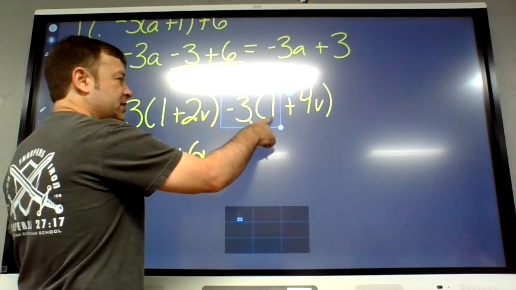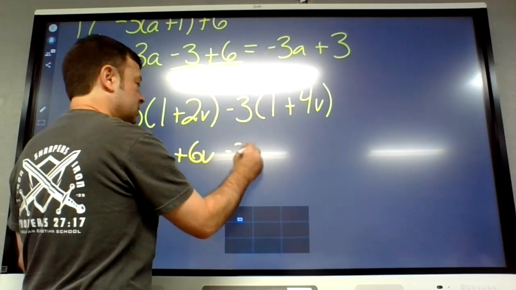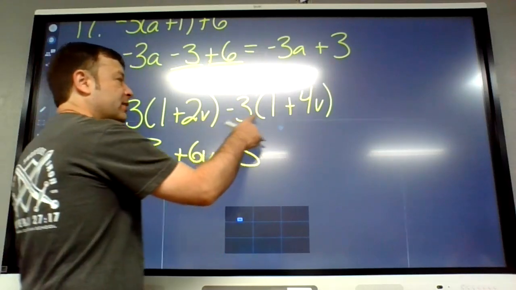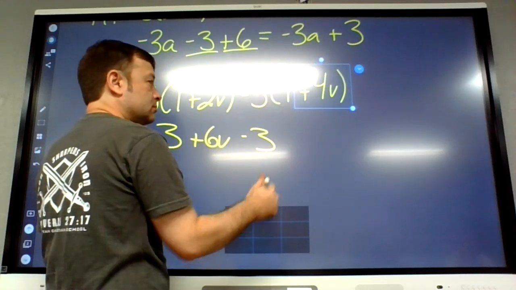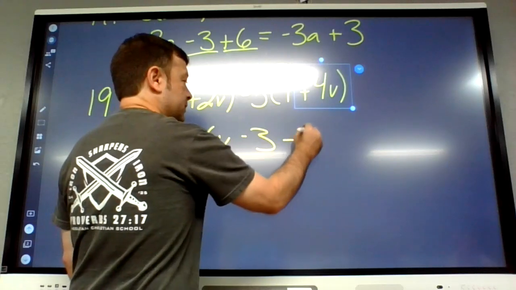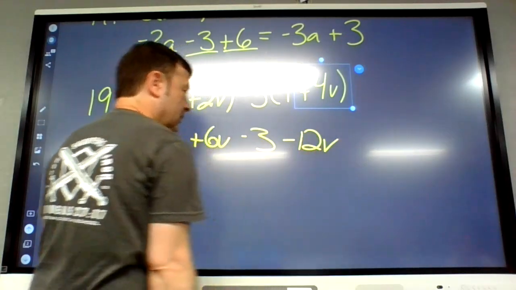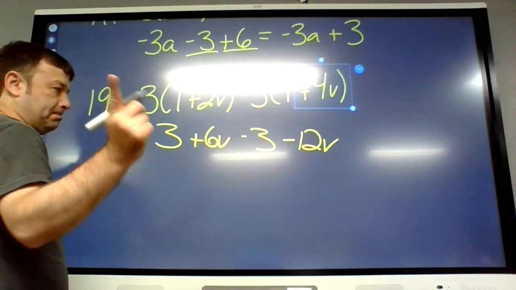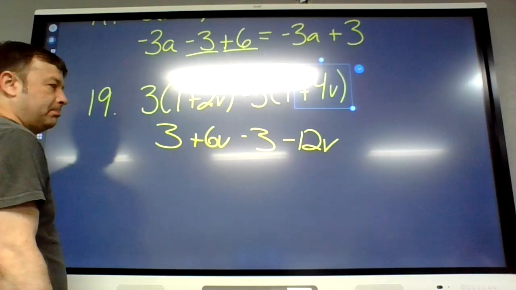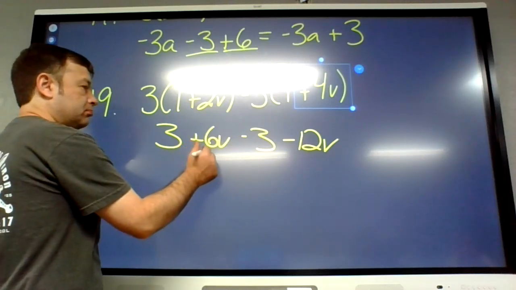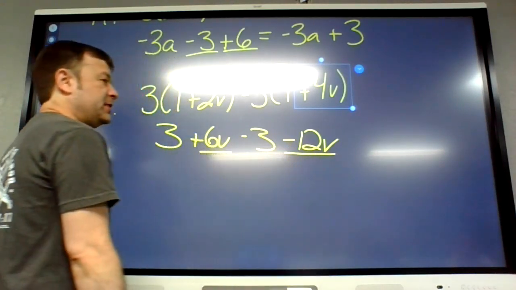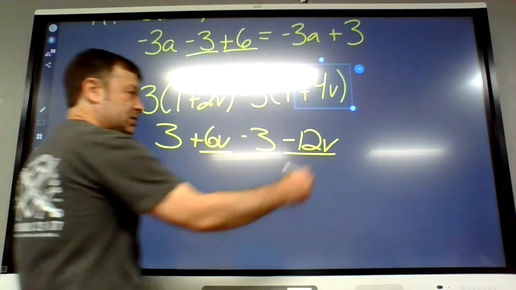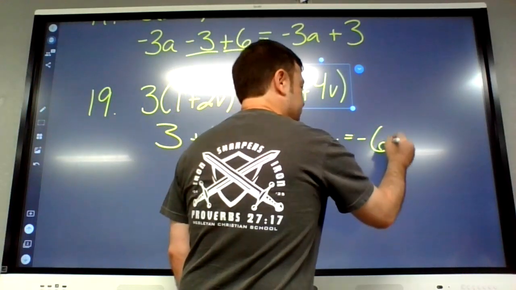So negative 3 times 1 and negative 3 times 4b. Yeah, but it's negative. And then you would minus the 6b to the 12b. 6b minus 12b is negative 6b.